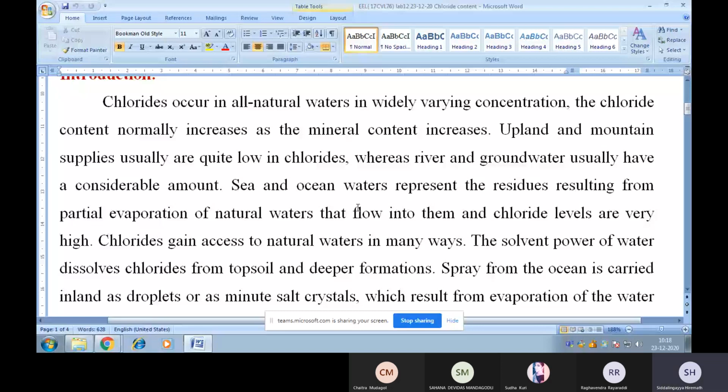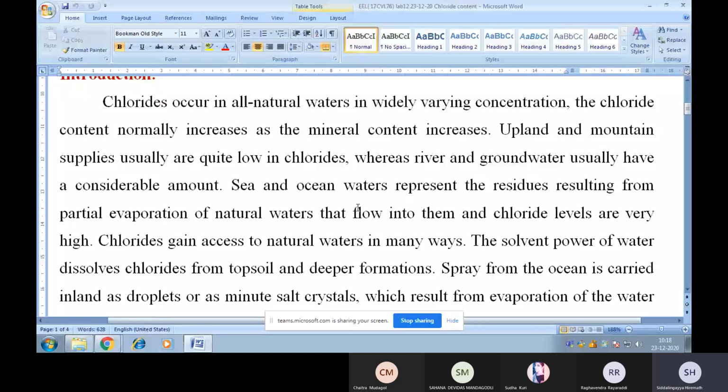Now come to the reagents required. Here basically we require two reagents for the determination of chloride content. First one is potassium chromate indicator, that is K2CrO4, and the second reagent is silver nitrate of normality 0.0141N.